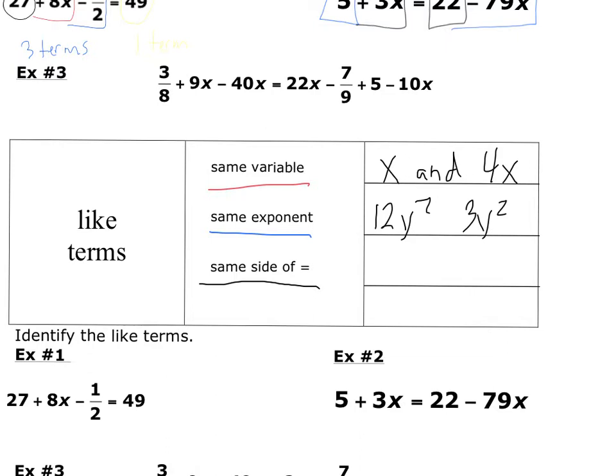So if you have things like 1/2 or 7 or 3/2, whatever it might be, you can add all of those different numbers together if they're on the same side of the equation. So if you have same variable, same exponent, or same side of equation, you can add them together.